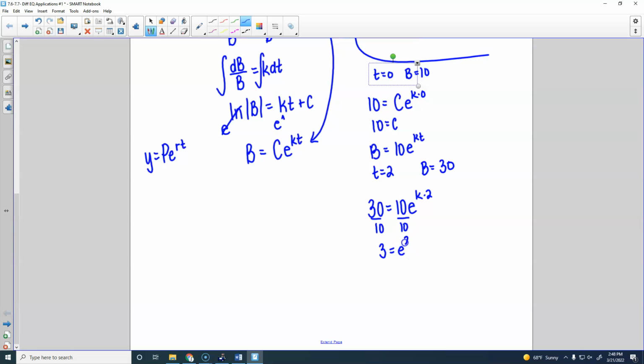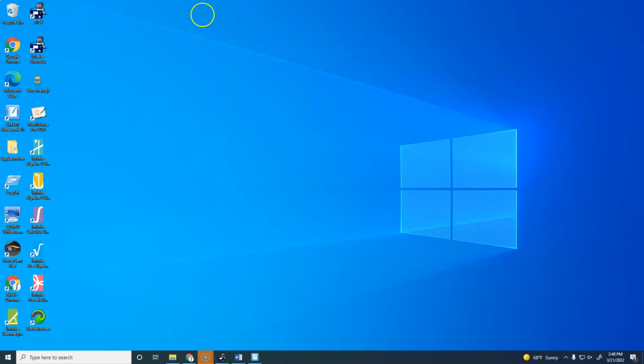E to the 2k. How do I get rid of that e? Natural log, so natural log of 3 equals 2k. And we'll divide by 2. So we can do that in our calculator. I do want to show you this on the calculator if I haven't already.